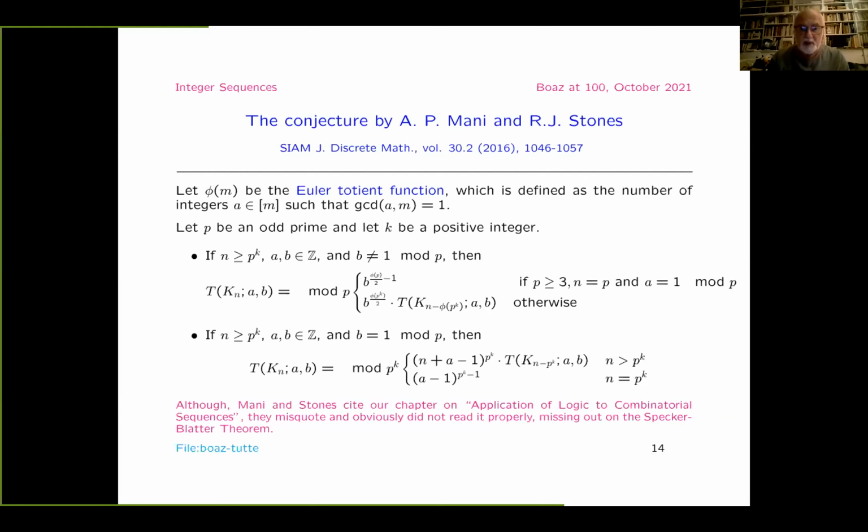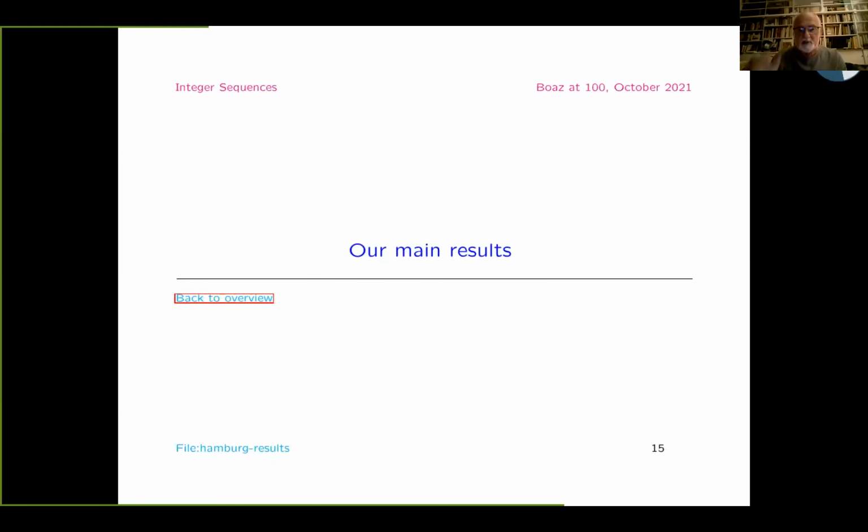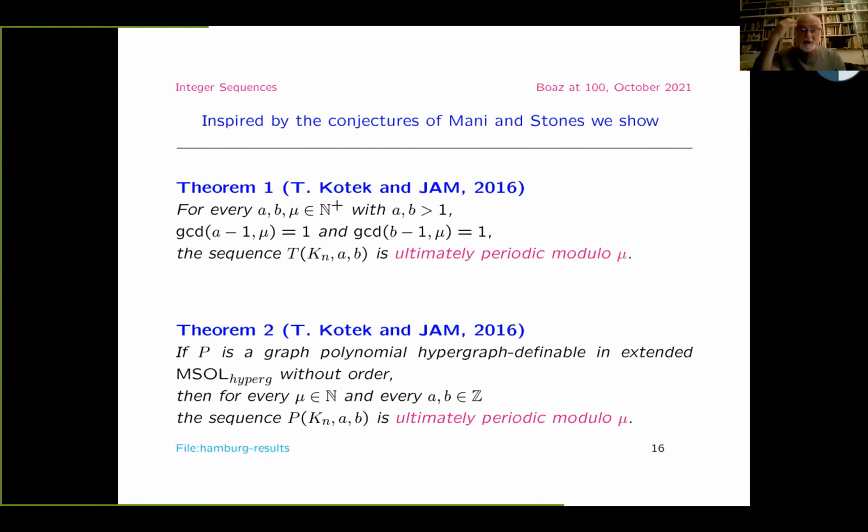So the result I'm going to present here is that if a, b, and mu are positive integers with a, b bigger than 1, and GCD of a minus 1 and mu equals 1, and GCD of b minus 1 and mu equals 1, then the sequence is ultimately periodic modulo mu.